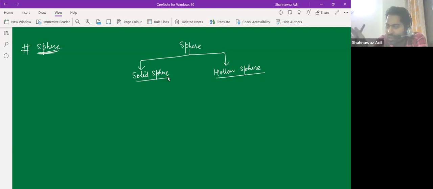Or you have these kinds of games. In those shot puts, we use that spherical shape thing. That is very heavy, and that is solid. So the inside portion of that sphere is also filled, right?